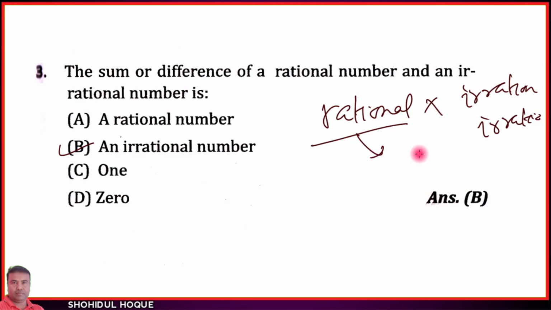Again, a rational number when added to an irrational, the answer will be irrational. And when a rational number is subtracted, the difference between a rational and an irrational number is always irrational. So please remember this information, it will be helpful.